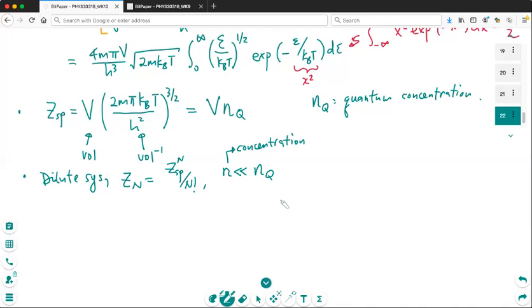And actually, if you really go home and work it out yourself, this is the same treatment as the one I did when I calculated the number of states and the number of particles. You will realize they are the same. You will see a lot of factors there, and you can recast the language of that into the language of quantum concentration. Okay, and if you satisfy this, you are in the classical regime, and quantum otherwise.